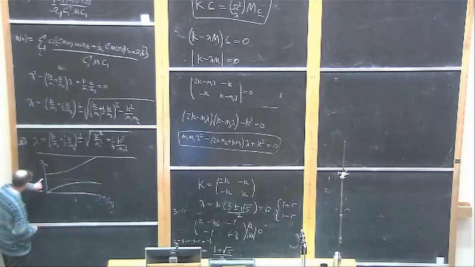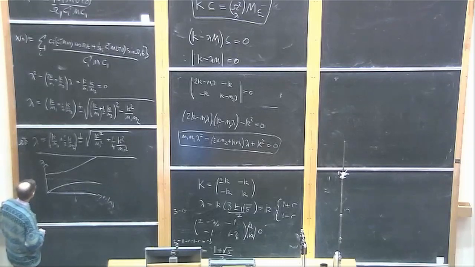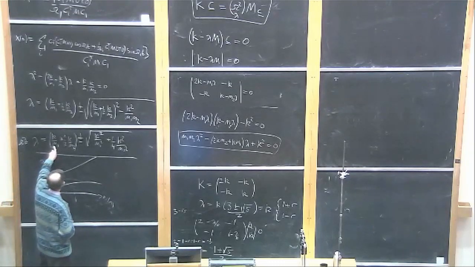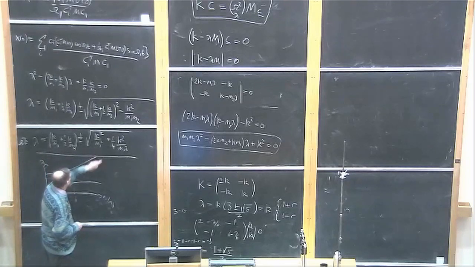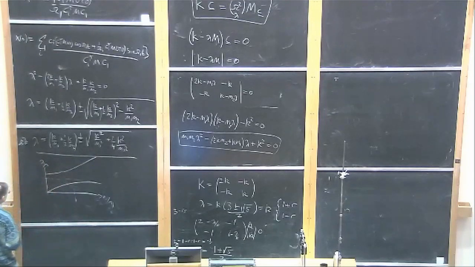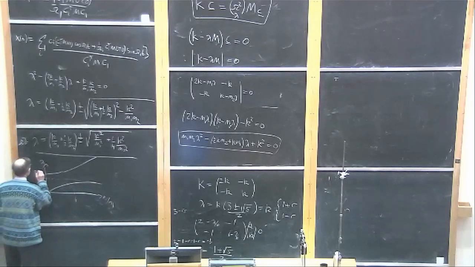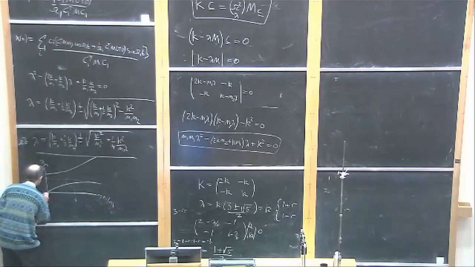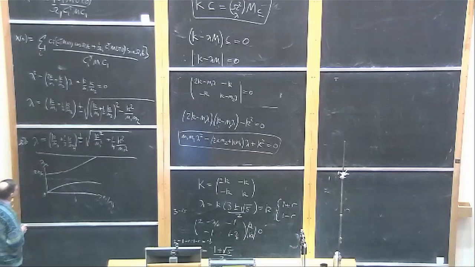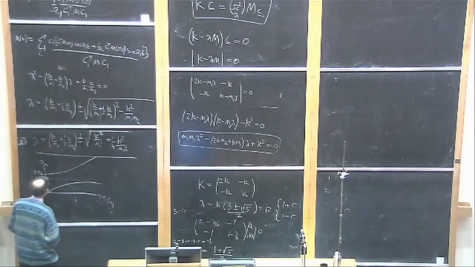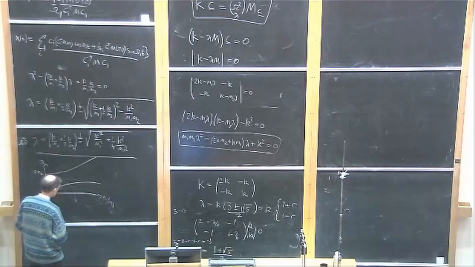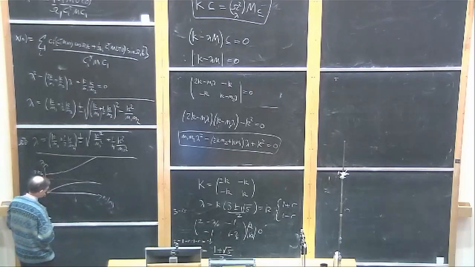In the limit of very small m2, we get k over m1 plus or minus k over m1, which gives us 2k over m1 and 0.